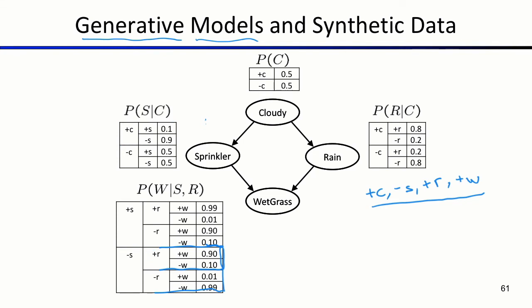Let's suppose that we start again from the root, and we sample a value for C now. And let's suppose now that the value is minus C. I go to the second node in my topological order, and sample a value for S. Let's suppose now that we got the plus S. And I go to the next node, and I should focus now on minus C. And we sample a value again.